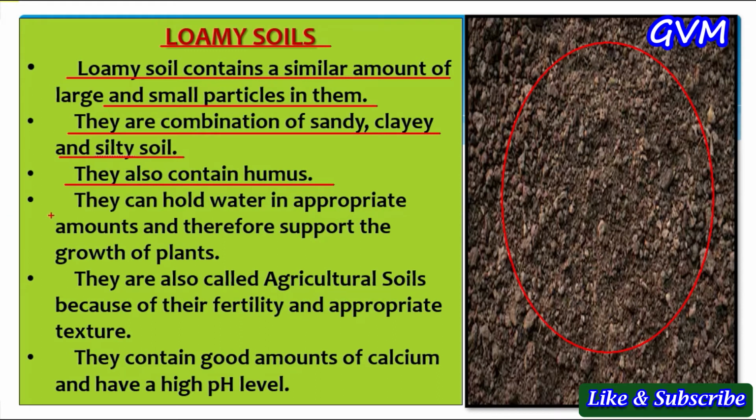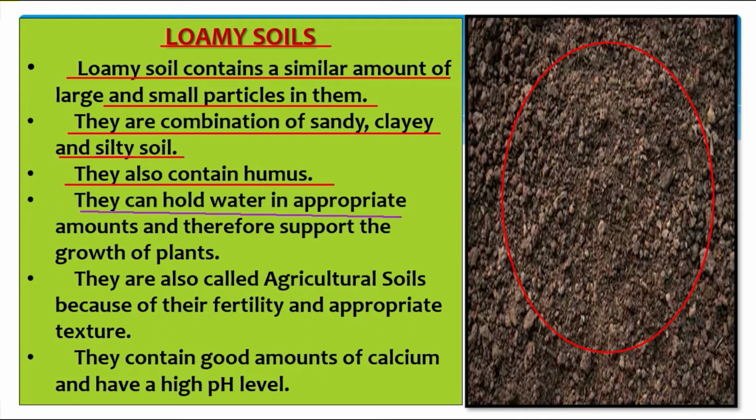And students, as I said, this loamy soil contains the large and the small particles in equal proportion, so it can hold water in appropriate amounts, and therefore it supports the growth of plants.